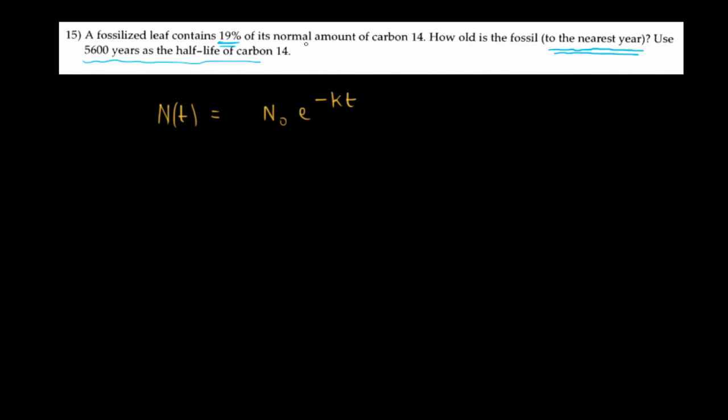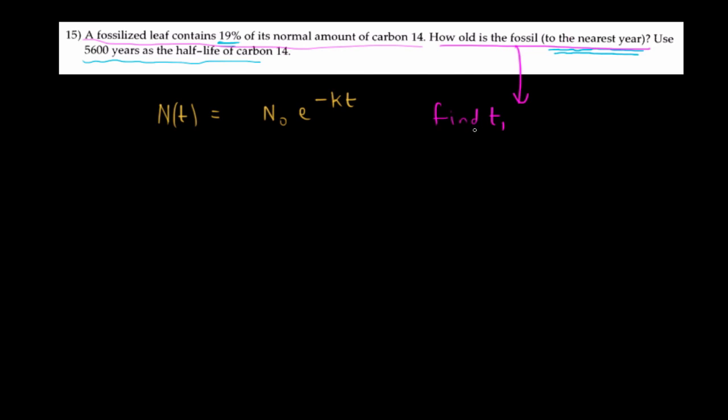But looking at what we have here, we're not given any initial amount, we're just given a question here. This is the question that we're told to solve. We're given a fossilized leaf, and then how old is this. To put this in statements, how old simply means find the time.